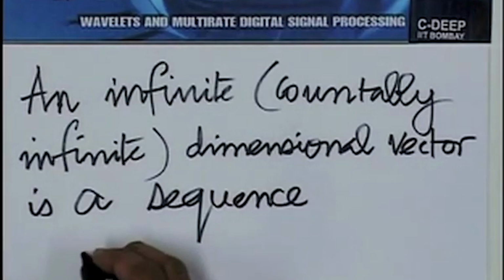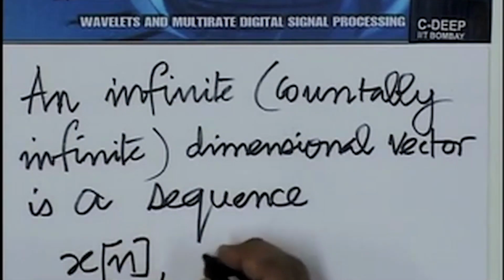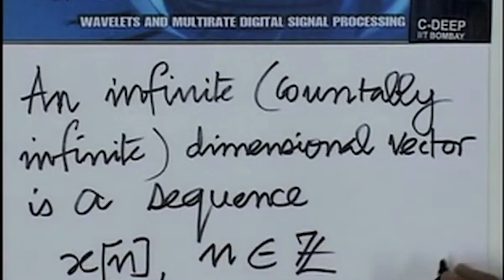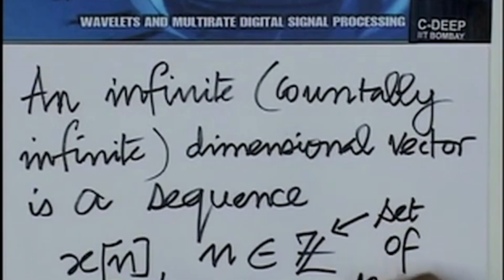So, for example, we have a sequence x of n, where n belongs to the set of integers, over all the integers. Recall that this script Z is a representation of the set of integers, and n is called the index variable.